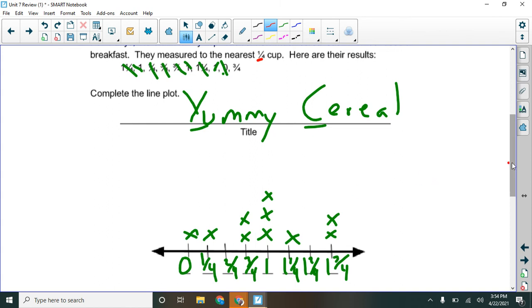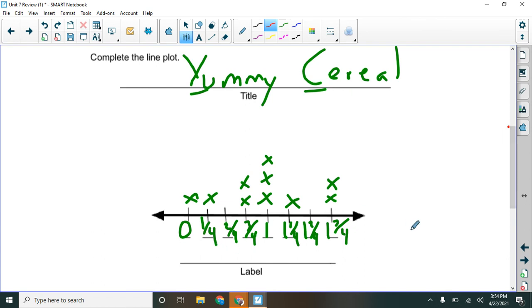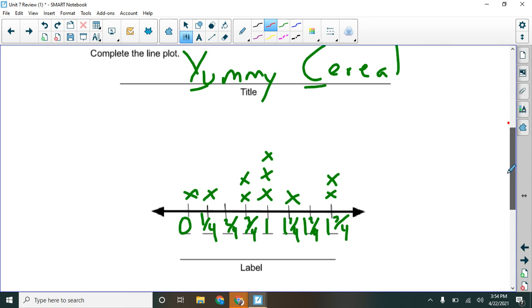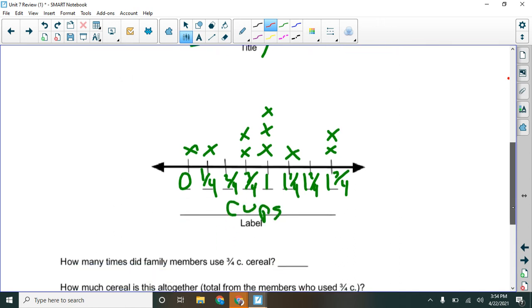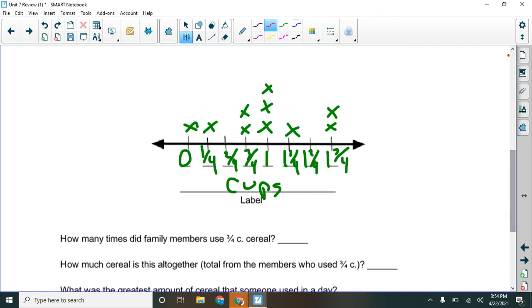Okay, now we can answer questions that go with a line plot. Oh, label first. Are they miles, feet? Nope, they are cups, because that's what the problem said. Always label what those numbers are. How many times did the family use 3/4 of a cup of cereal? 2.